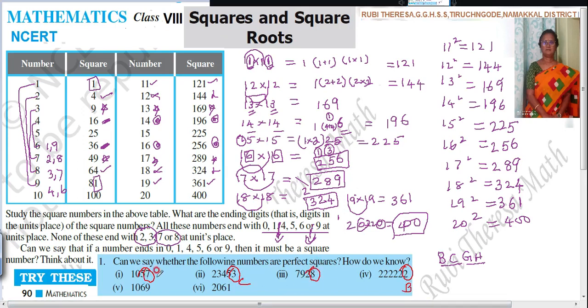B, C, G, H. Is it okay? Then 9, 1. So it may be a square.